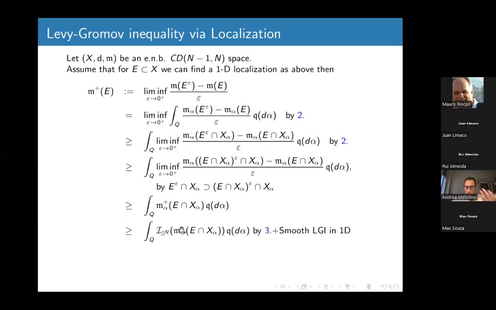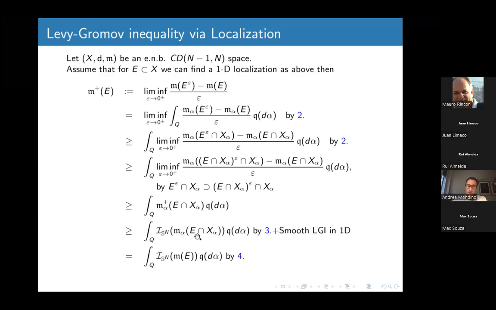Okay, but now this is easy because each M alpha is a CD(K,N) measure on the segment. So by the one-dimensional isoperimetric inequality for weighted measures, one can bound this from below by the isoperimetric profile function of the sphere at the measure M alpha of E intersected with X alpha.